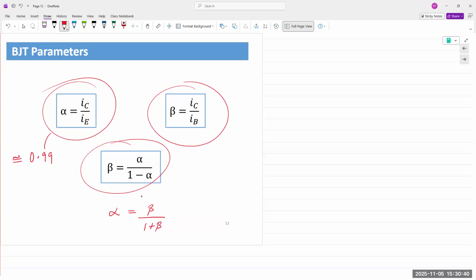No units. They're ratios of currents, so dimensionless, no units.